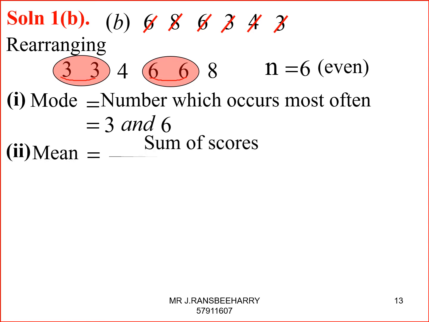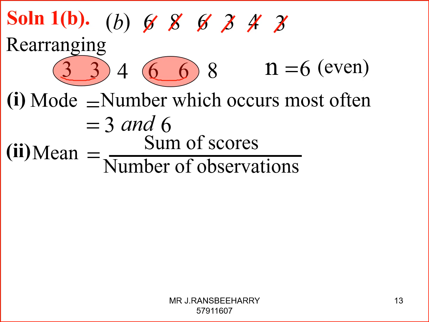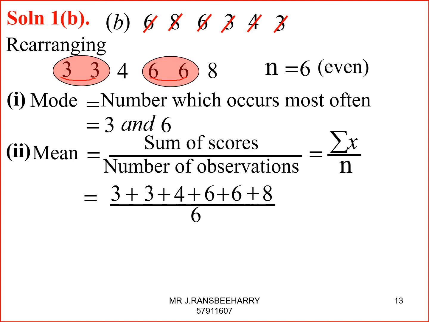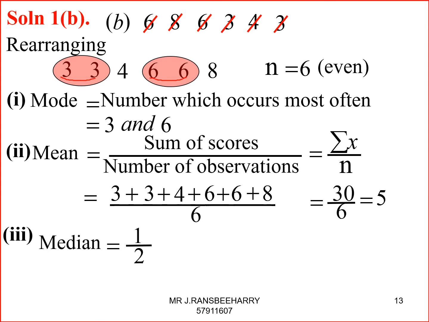Secondly, mean. Mean is the sum of scores divided by the number of observations. So summation x over n. This is 3 plus 3 plus 4 plus 6 plus 6 plus 8 divided by the number of terms, 6. So 30 over 6, 5. Third part, median. Median is a number that divides a distribution into two equal parts.